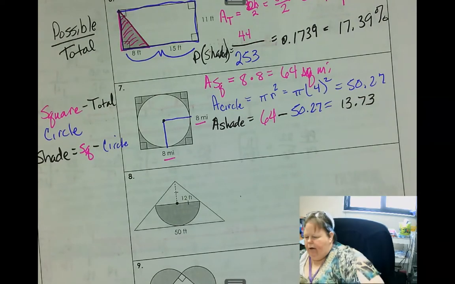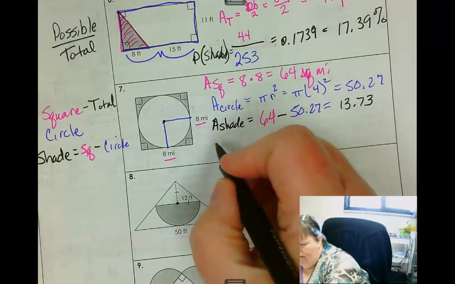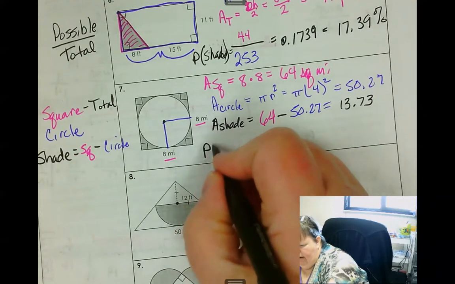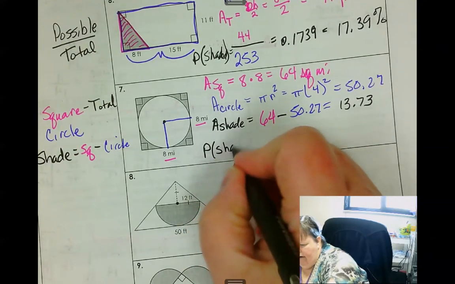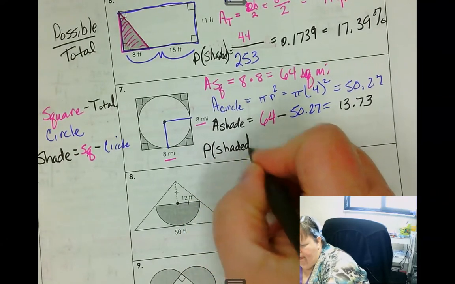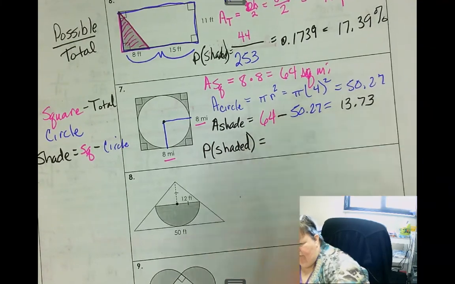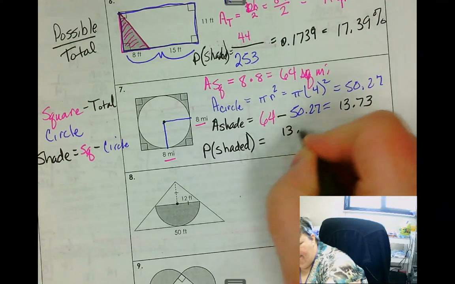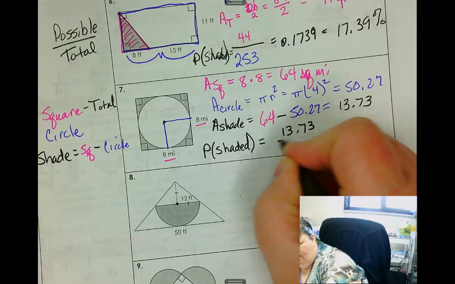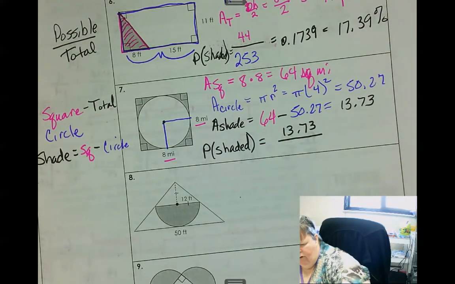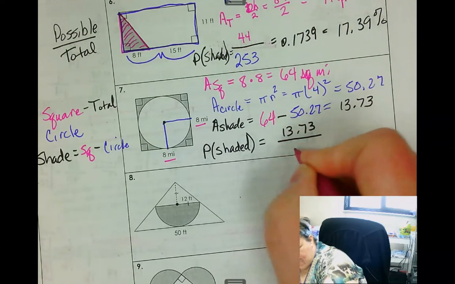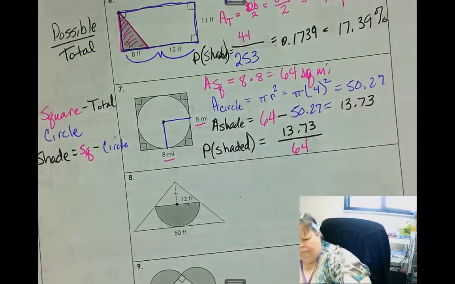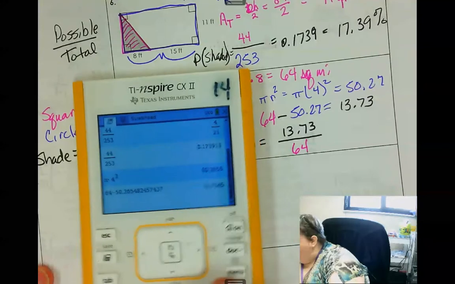So now I need to find the probability of landing in the shaded area, which equals 13.73 over my total, which is 64. Put that in my calculator.